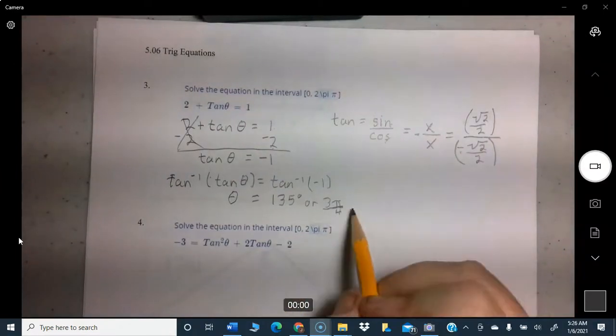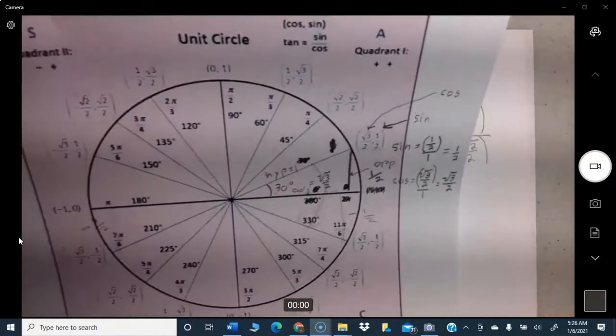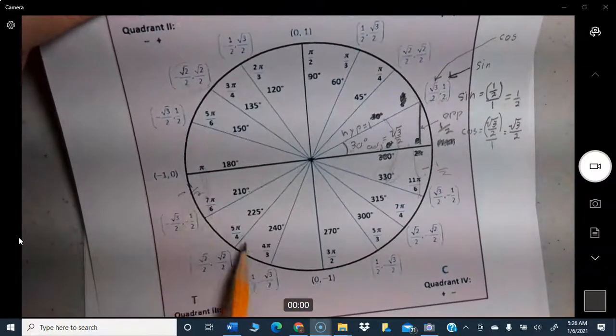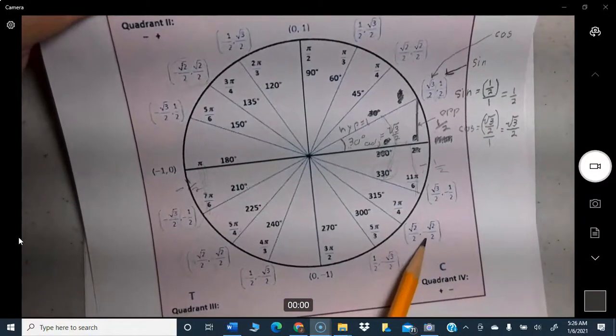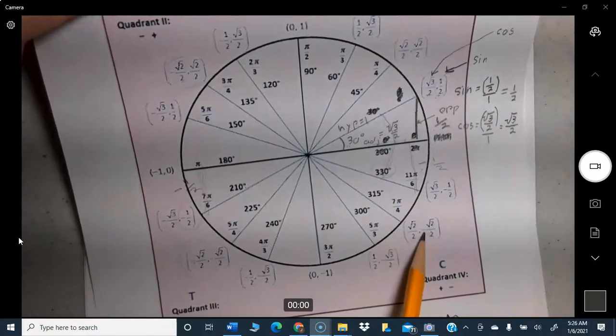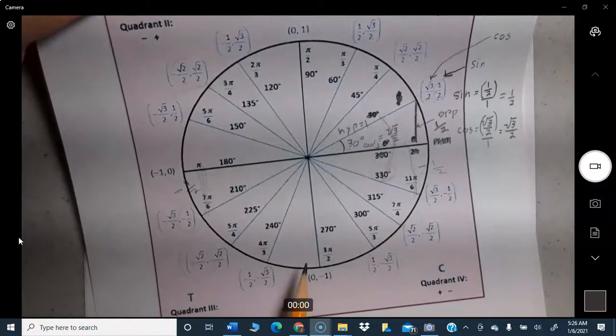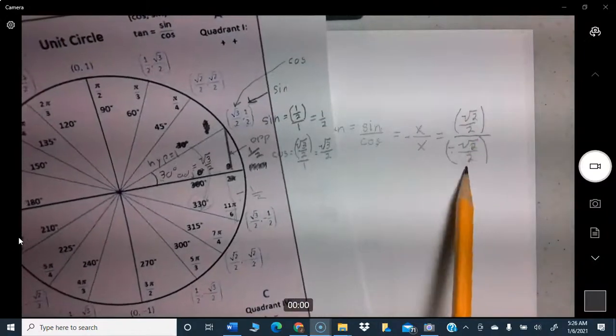But there's another place where that happens. I'll write it over here. Where else does that happen? If you come around to here, there you see negative square root of 2 over 2, square root of 2 over 2. The same number over itself with a negative sign, it makes it negative 1. If you put this over this, you get negative 1, just like you did here.